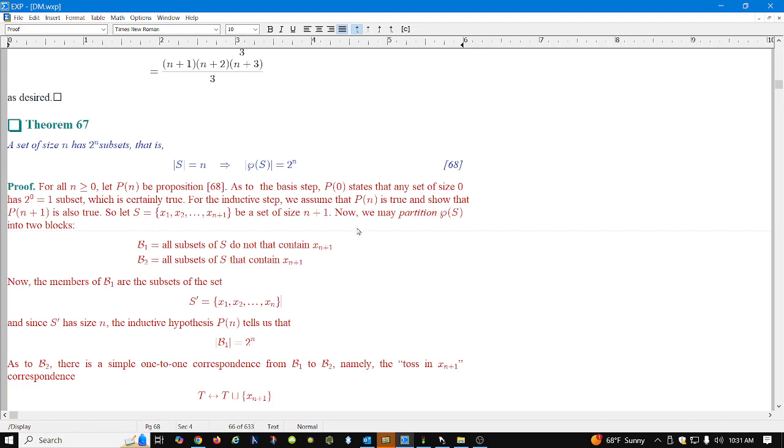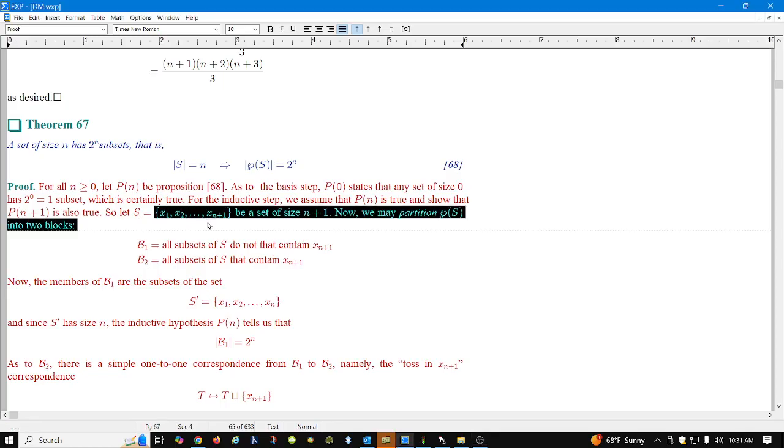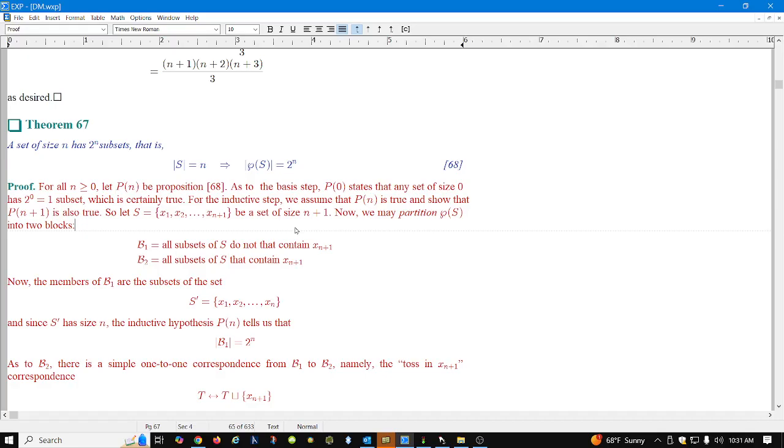Suppose now we assume that P of n is true in order, and only in order, to show P of n plus 1 is true. So just for concreteness' sake, let's say S is this set of size n plus 1. We need to show that it has 2 to the n plus 1 subsets.